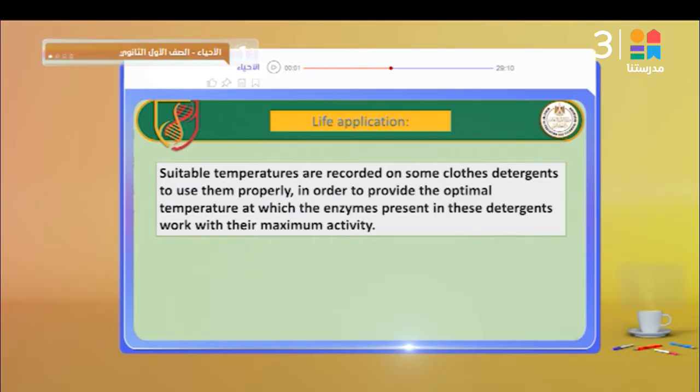To use them properly, okay? To use them properly in order to provide the optimal temperatures. That's right. Why? Because the enzyme is most efficient and works properly in these detergents. That's right. The enzymes present in these detergents work with their maximum activity.